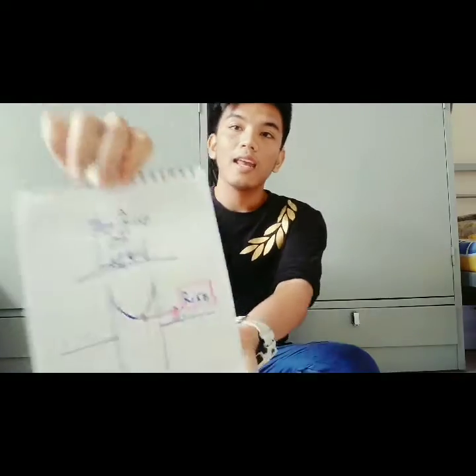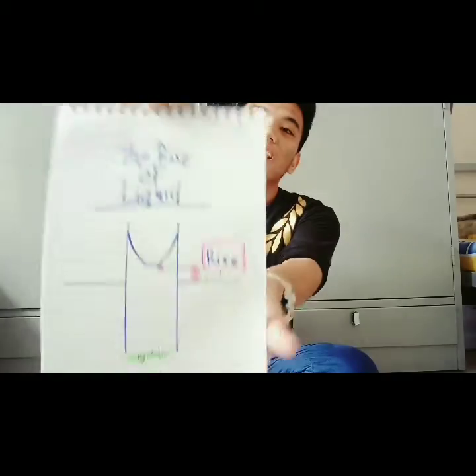Okay, so we have two examples for this topic, which is the rise or fall of a liquid. For the rise of liquid, like that, the diagram. So for the rise, capillary rise is due to adhesion, and capillary fall is due to cohesion.